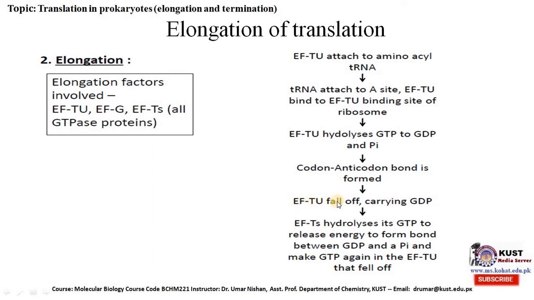Elongation factor Tu falls off carrying GDP. This is followed by elongation factor Ts, which hydrolyzes its GTP to release energy to form a bond between GDP and Pi and make GTP again in the elongation factor Tu that fell off.